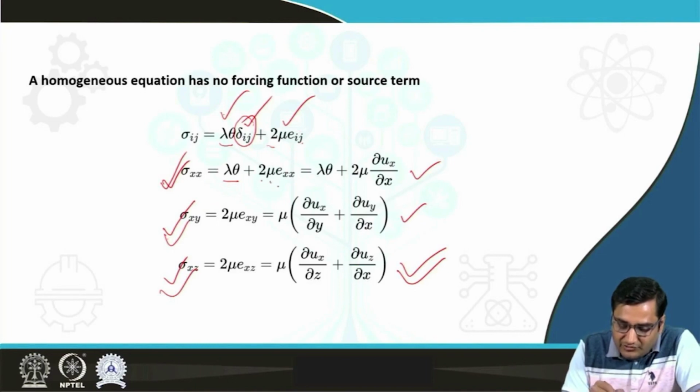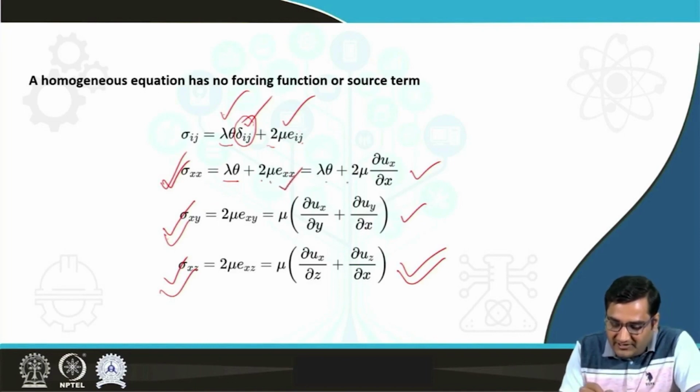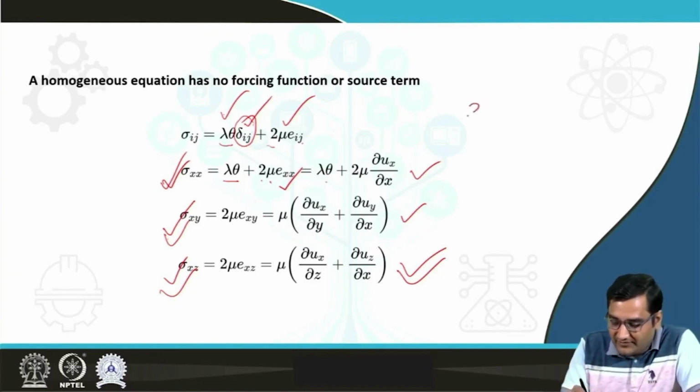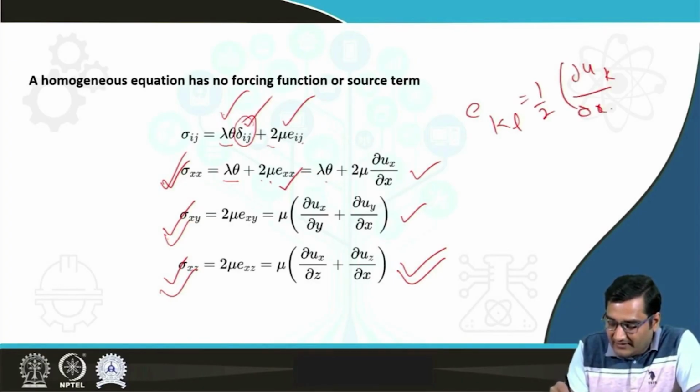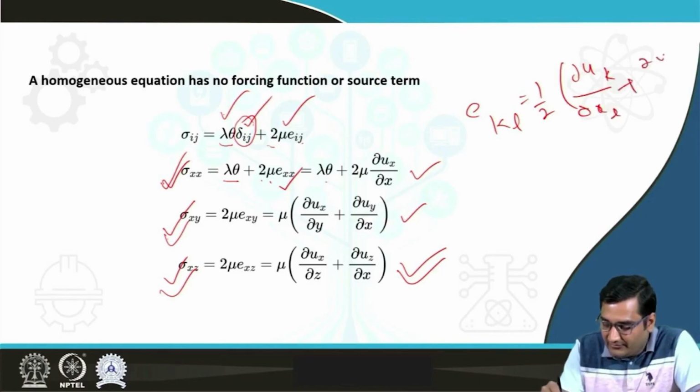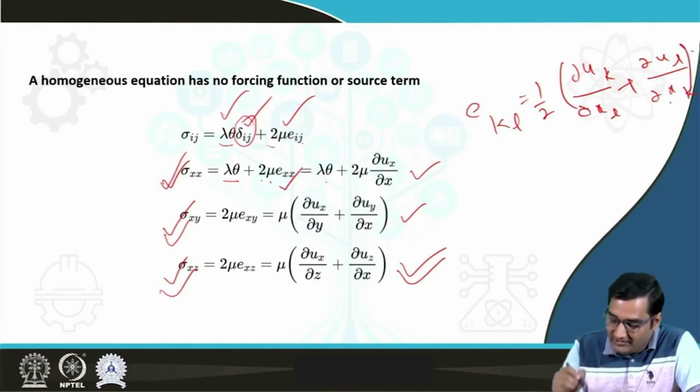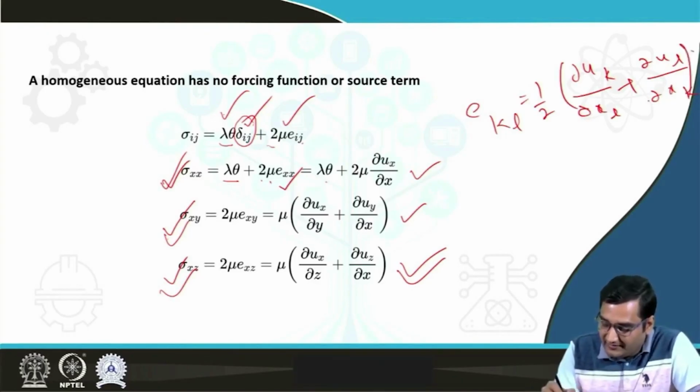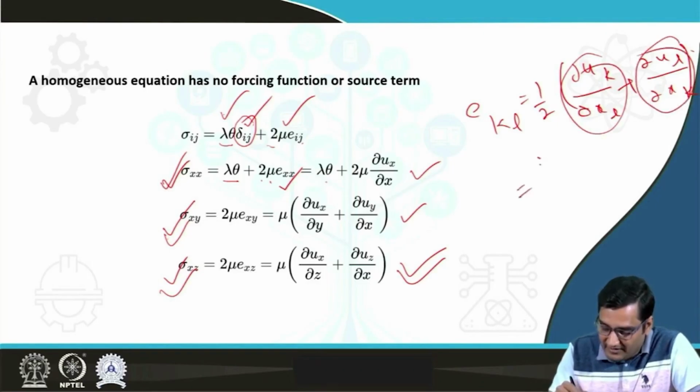So that is lambda theta plus 2 mu e xx, and e xx can be written from the equation that we have seen, e kl is equal to half of ∂uk/∂xl plus ∂ul/∂xk. When both indices are equal, these terms will become equal to each other, and finally what you will get is half of ∂ux/∂x.